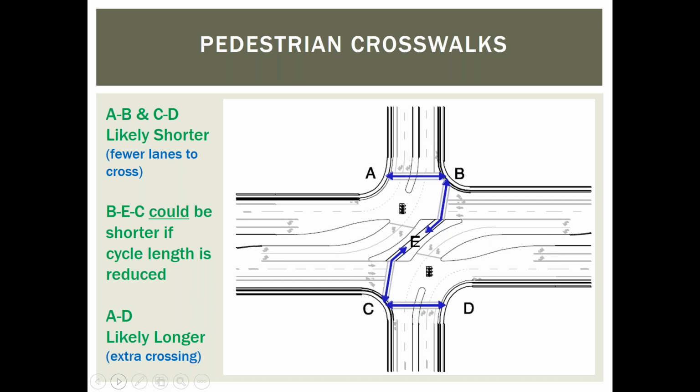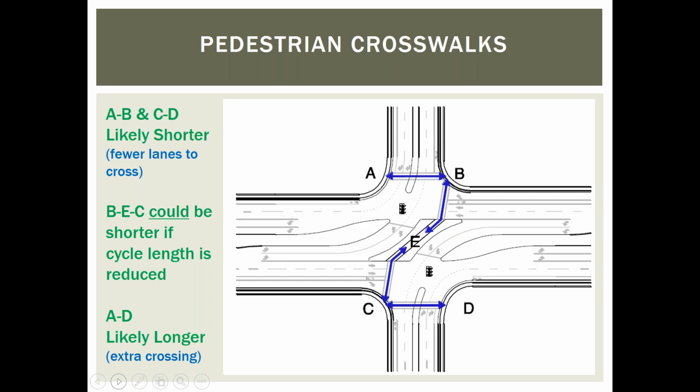Now, from A to D, going from quadrant A to quadrant D, that's going to be longer because there's extra crossings involved. So to get from A to D, not only do you have to cross the major street, which would be a 2-stage crossing, but you also have to cross both of the minor approaches. So A to D is most definitely, or very likely, going to be longer.